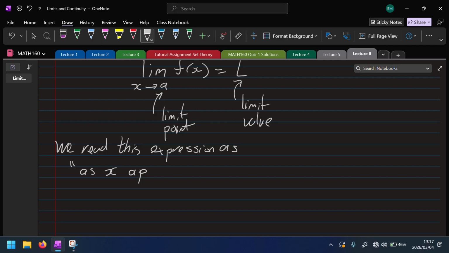For now, you don't need to know what that means. Just that's how we read it. So as x approaches a, f of x approaches L. Now you don't need to know the details of what we mean by approach, but that's just how we're going to be saying it.